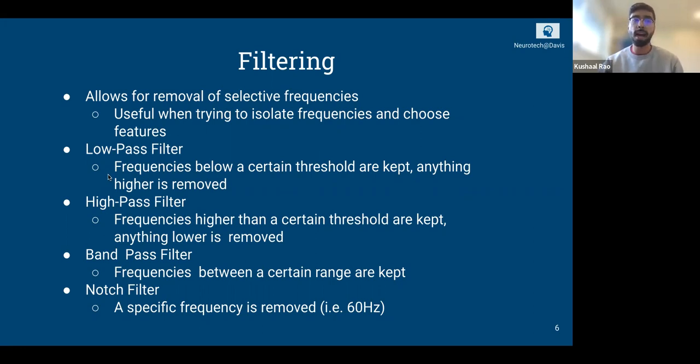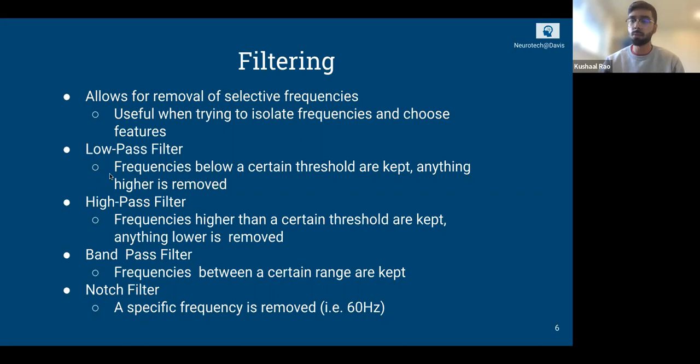So the way I like to understand it is a low-pass filter passes anything that is lower than that value. So let's say I implemented a low-pass filter at 30 hertz. Anything that is less than or equal to 30 is included, and anything above 30 is gradually phased off or removed entirely.